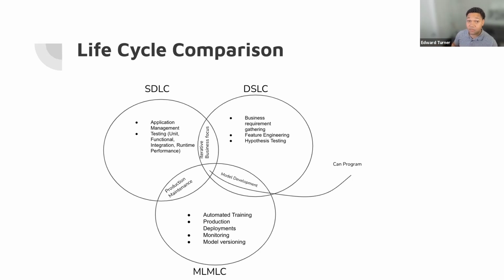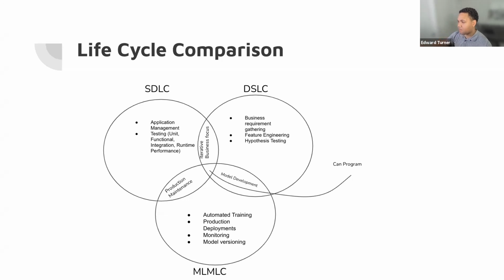This refers to your automated training, your production deployments, specifically your model production deployments, your model monitoring, and also model versioning. Where they overlap is in the circles, as you can see in this Venn diagram. You're going to have production maintenance as part of your software development life cycle and your machine learning model life cycle.